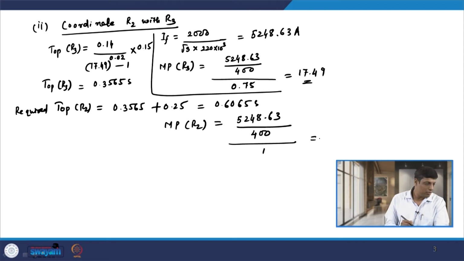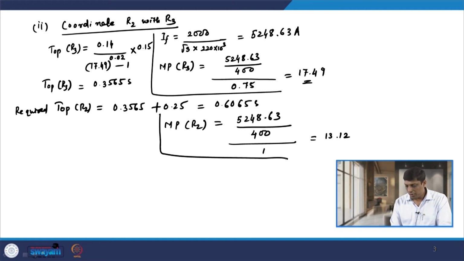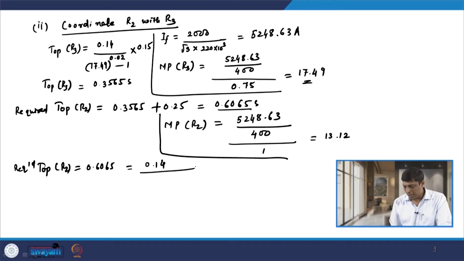So, we have the multiple of pickup current, that is 13.12. If I use this value, we can have the required time of operation of relay R2, which is 0.6065, equal to 0.14 divided by MP, that is 13.12 raised to 0.02 minus 1, into TDS.